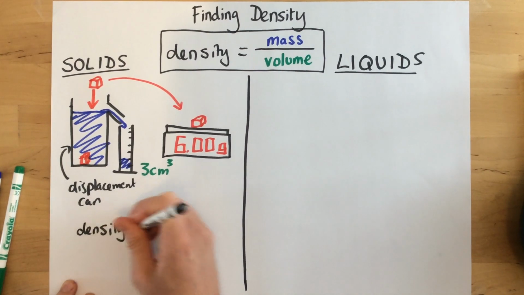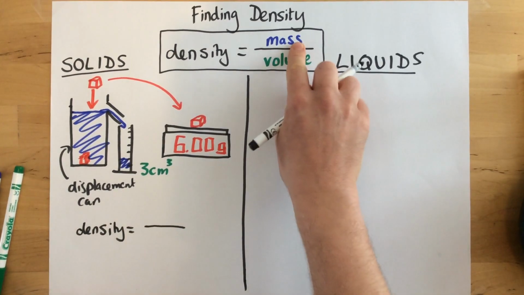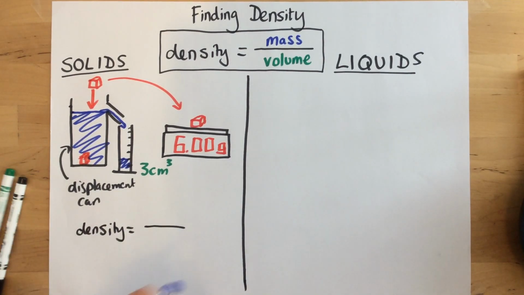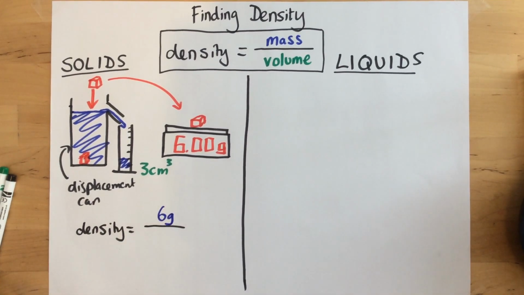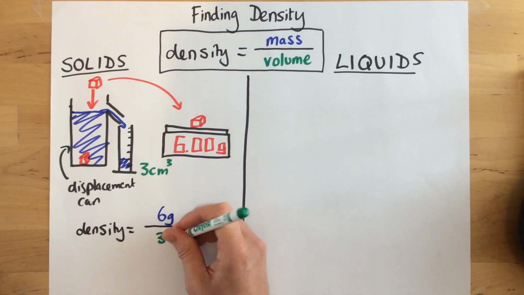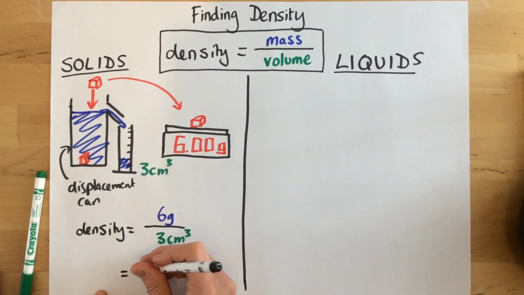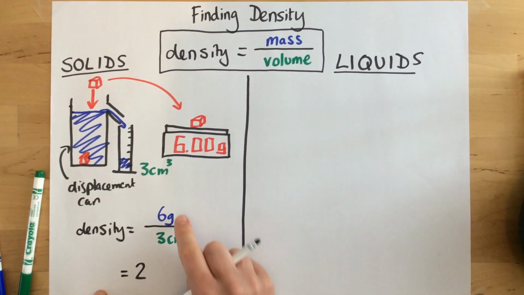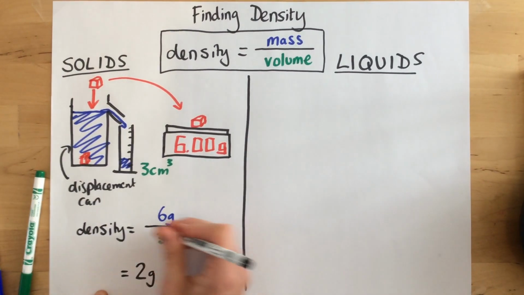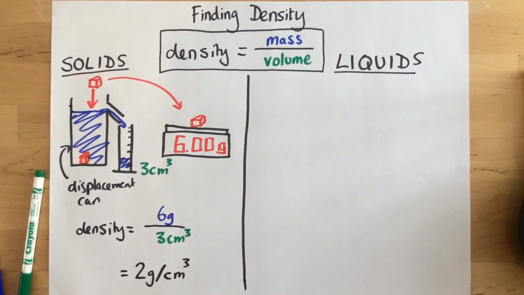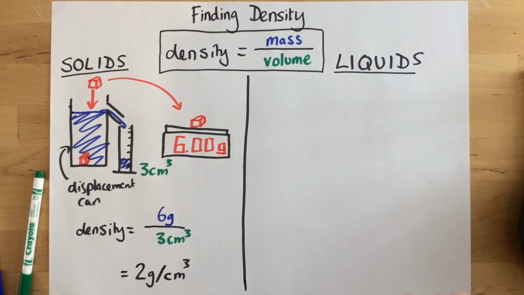My density of this particular object is the mass, which is right here, which is 6 grams, divided by the volume, which is 3 centimetres cubed. So as you can see, the density is going to be 6 divided by 3, which is 2. And for the units, I do grams per centimetre cubed. So that's how to find the density of a solid.